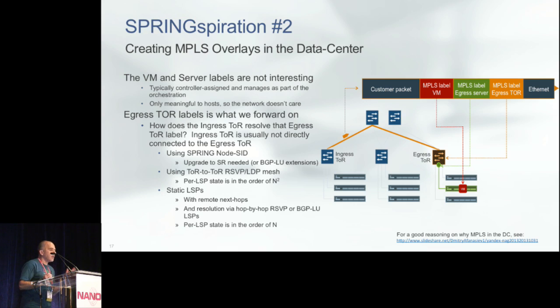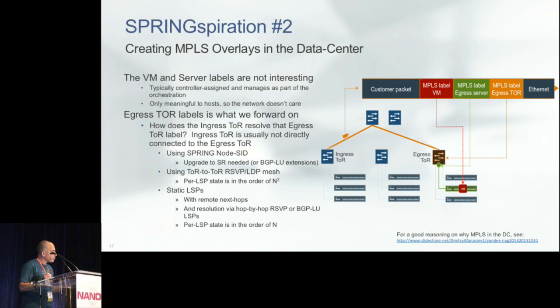The next green label is one that we use to address the actual server or port out of that top-of-rack switch. And then the third label, if you have VMs, would be the label that would address a particular VM in that server. So by doing an overlay like this, you can achieve overlays pretty cheaply. Hesitant to say that you don't need a controller, but you could actually do it without a controller.